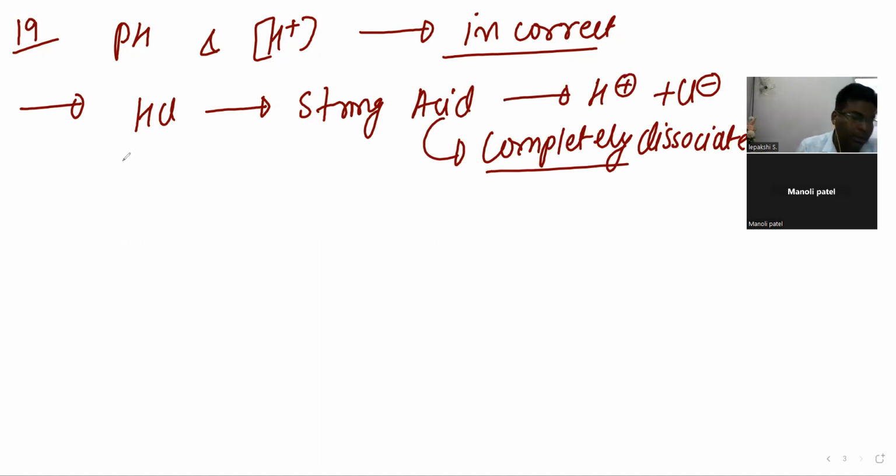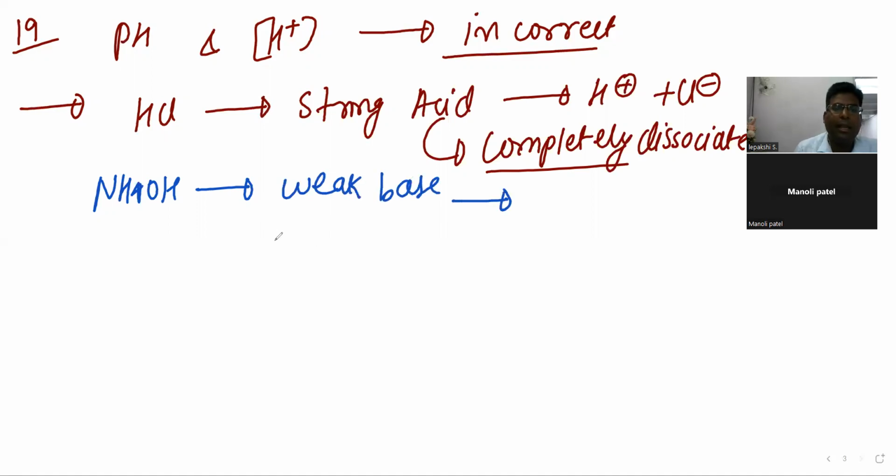Next one is NH4OH, which is a weak base. When any compound is weak, it dissociates only partially. The next statement is about the addition of HCl.